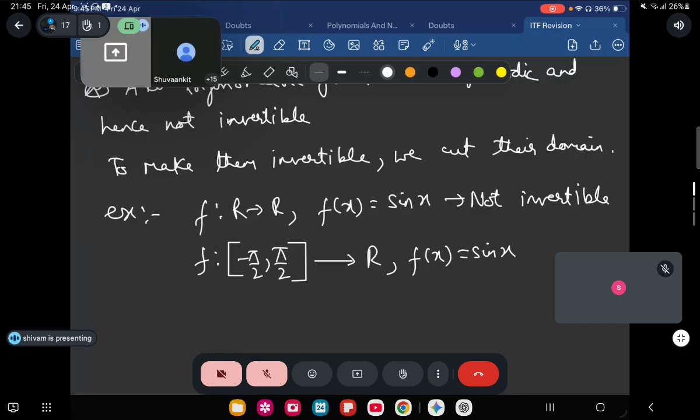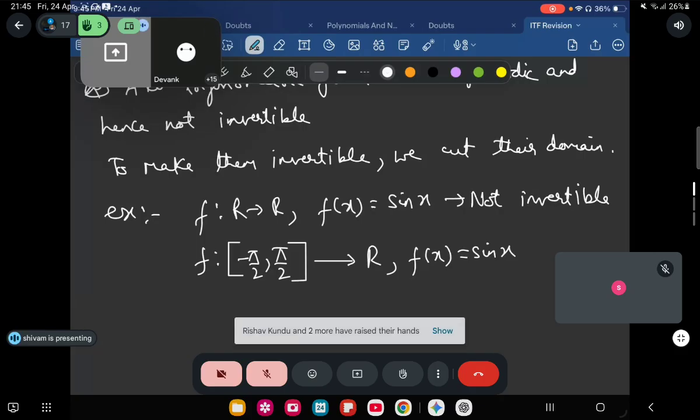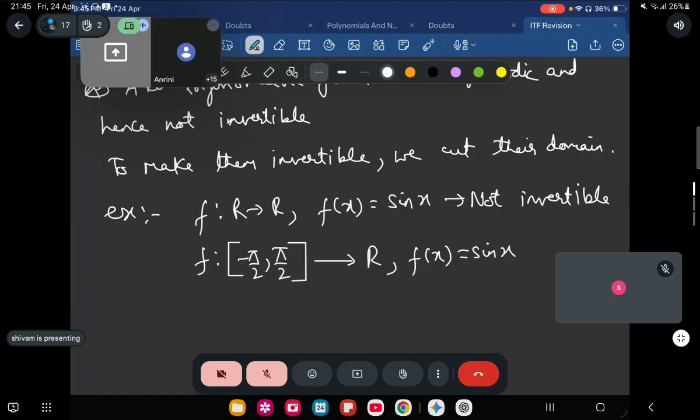Shubhangi, tell me, is it invertible? Yes, sir. Devang, what do you think? Sir, I think it is invertible. Onini, tell me, is it invertible? No, sir, it's not invertible.